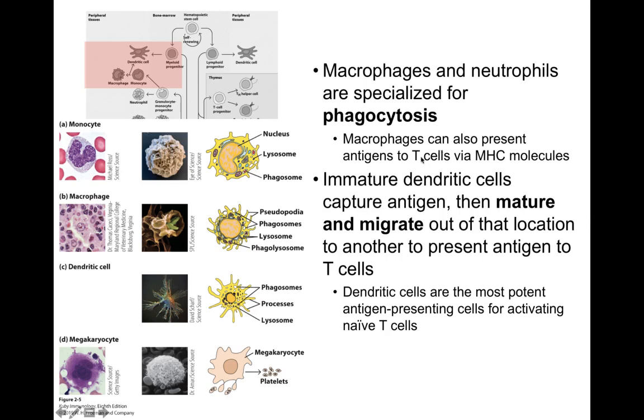They can also present antigens to T cells. So macrophages are antigen presenting cells. So are dendritic cells. They are able to even travel towards a T cell, so they're a professional antigen presenting cell.